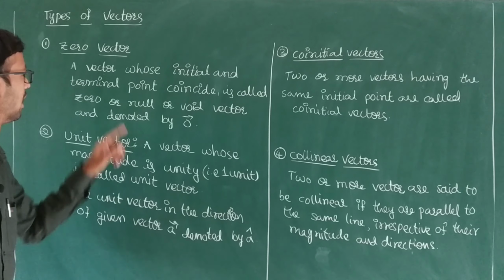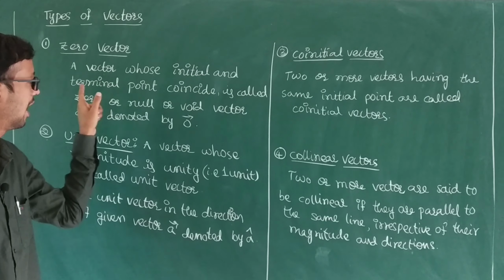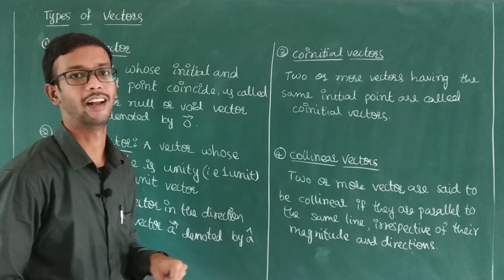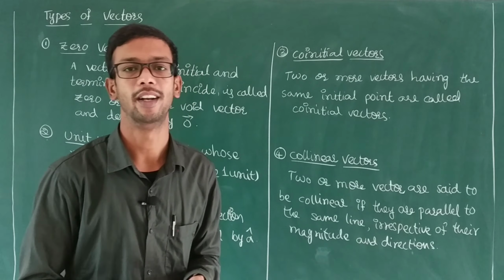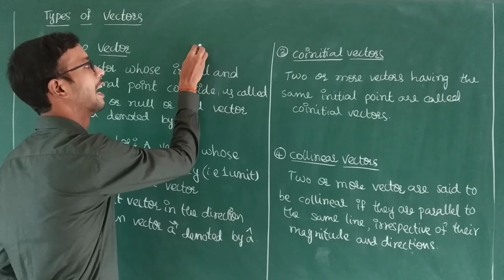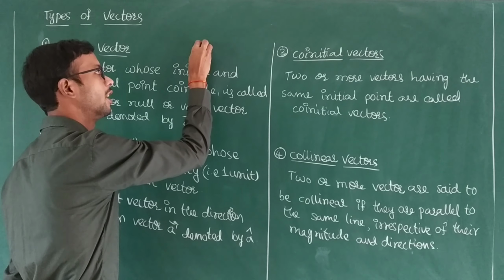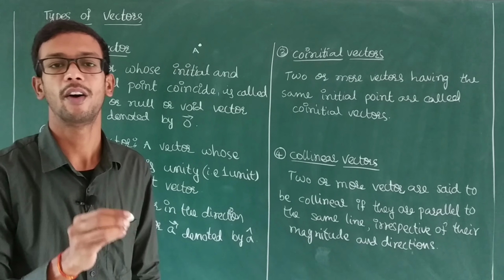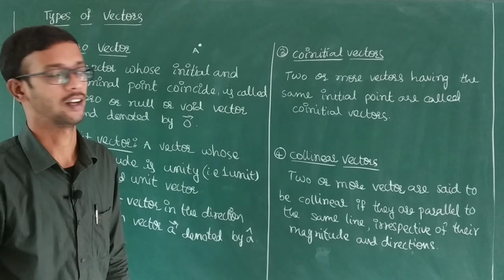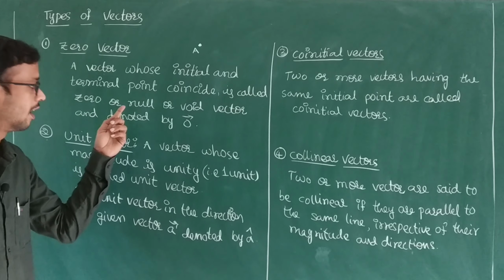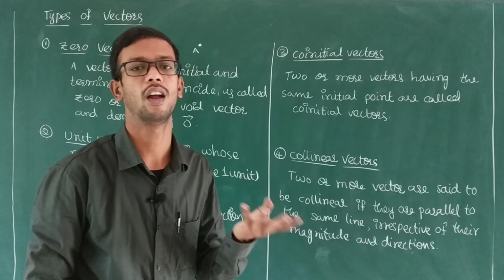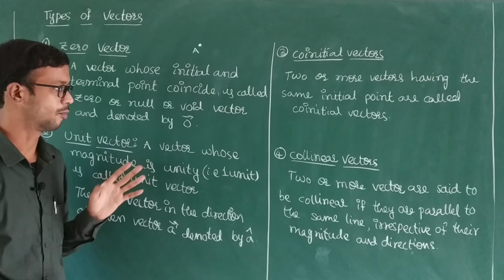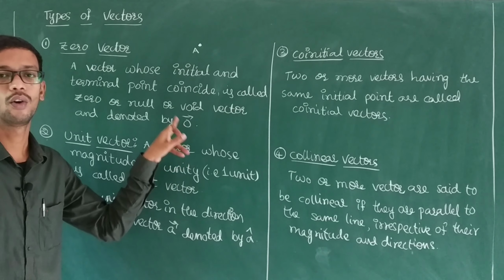Zero vector: a vector whose initial and terminal points coincide. Initial point and terminal point coincide means there is one point, which is the initial point of the vector, and the terminal point is also the same. That type of vector is called a zero vector, or null vector or void vector, all three are the same, and it is denoted by zero bar.